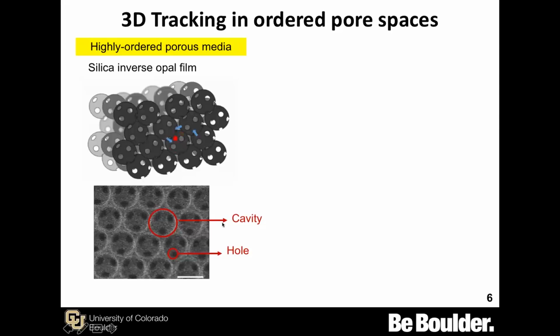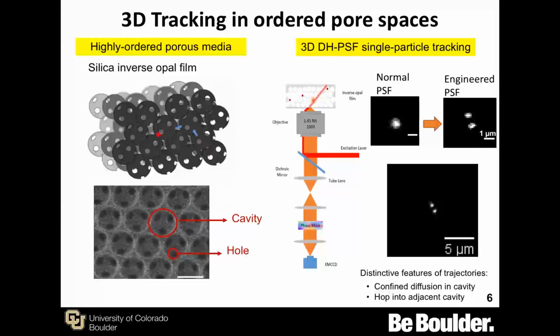Therefore, we are able to study how the geometric parameters influence the transport process. And secondly, in order to see the particle inside of this material, we need a very advanced tracking system. Here I'm using a three-dimensional single particle tracking system.